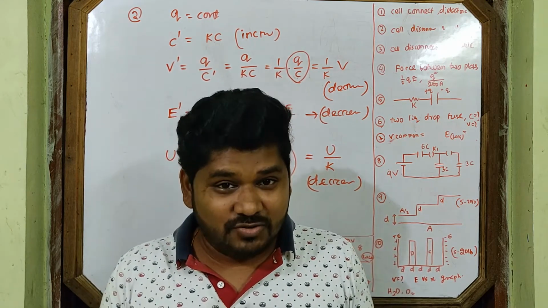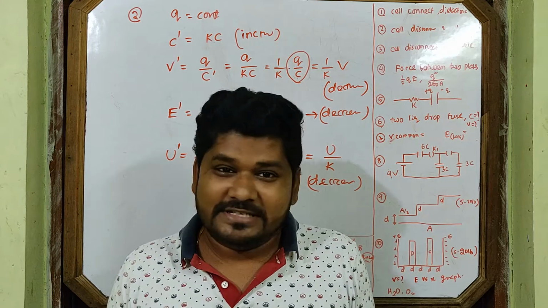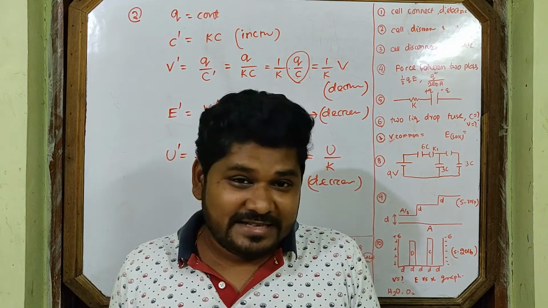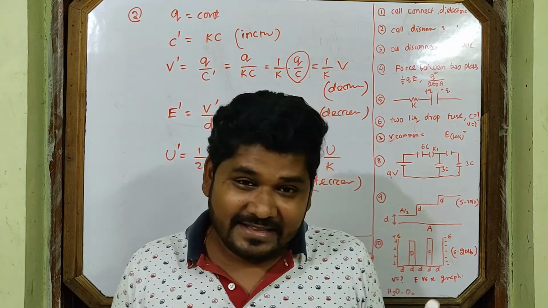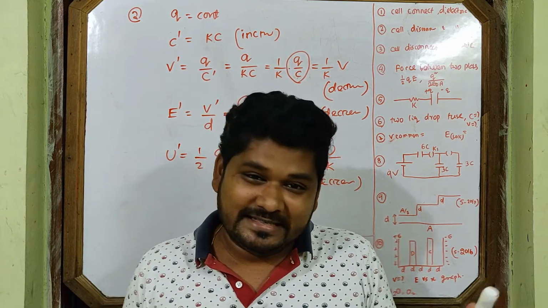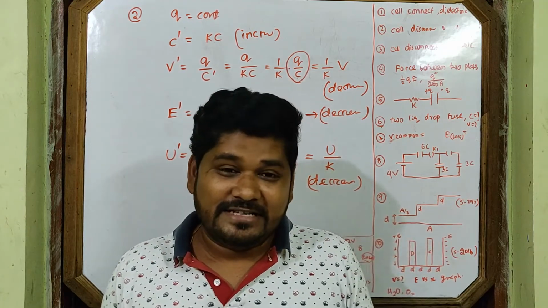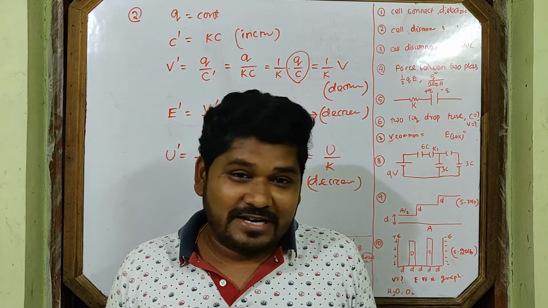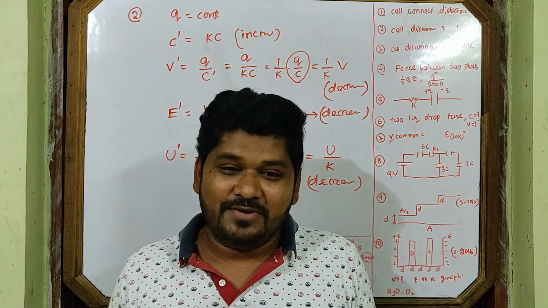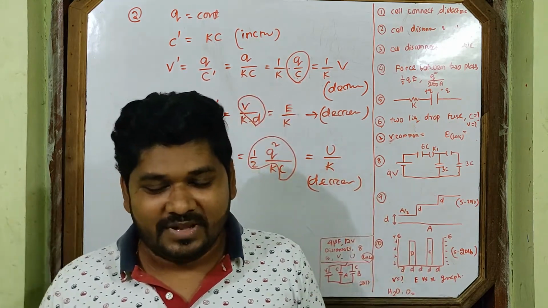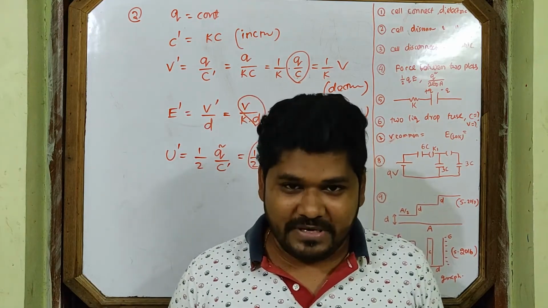Which ones? Those that were complicated to find. So it is easy to remember: when the cell is connected, all the complicated quantities increase, and when the cell is disconnected, the quantities which you have to find out decrease. Okay, so this is the shortcut you can remember.